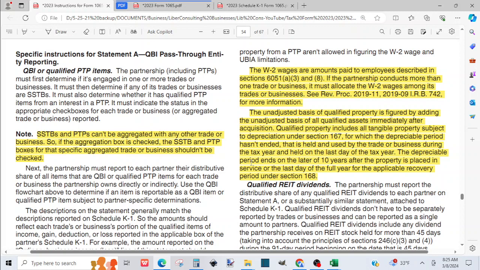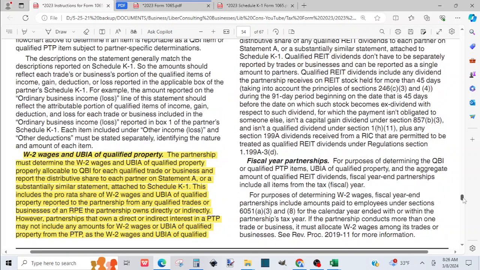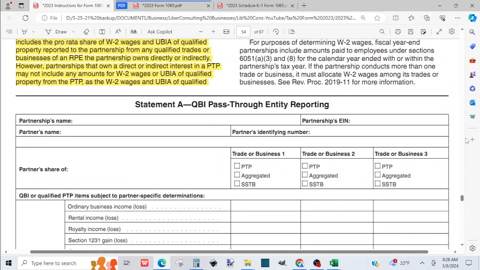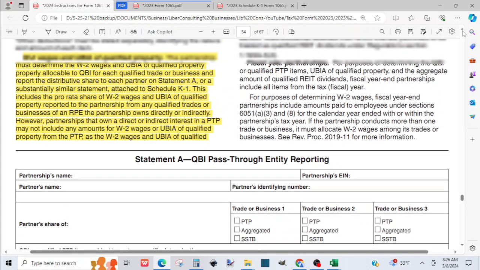The depreciable period ends on the later of 10 years after the property is placed in service or the last day of the full year for the applicable recovery period under Section 168A. Again, it's good to use the tax software to file the return, and the tax software should know how to classify those things for you.